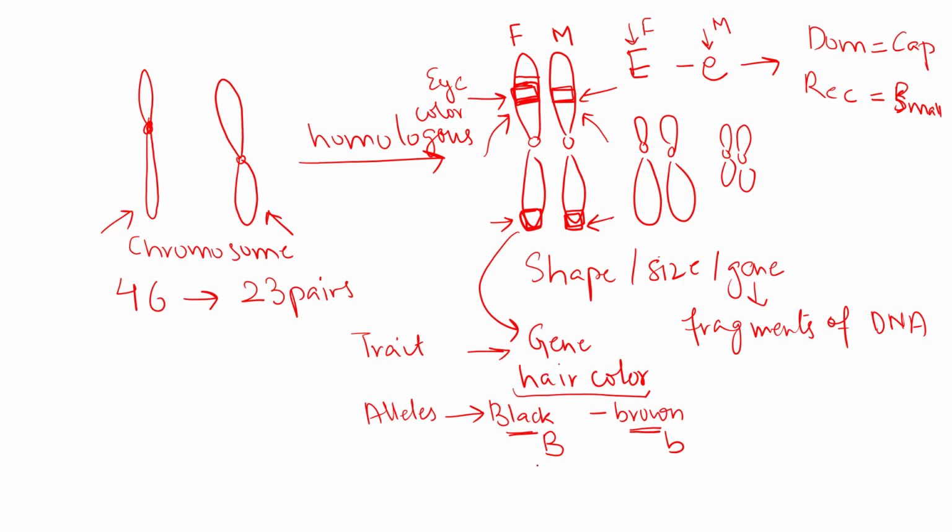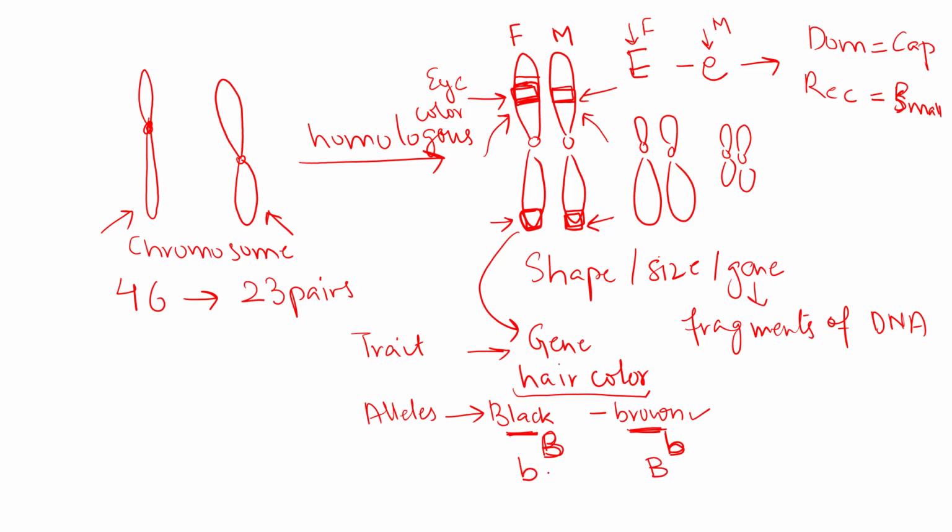Now, first you need to know which character is dominant. Is the black hair color of father dominant or the brown hair color of mother dominant? If the black hair of father is dominant, then black will be capital B and brown will be small b. If brown color is dominant, then you will represent brown as capital B and black as small b.